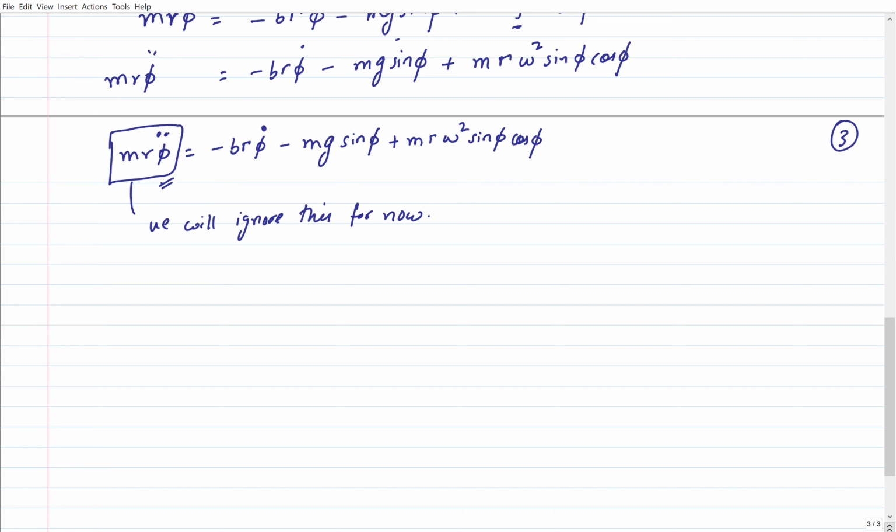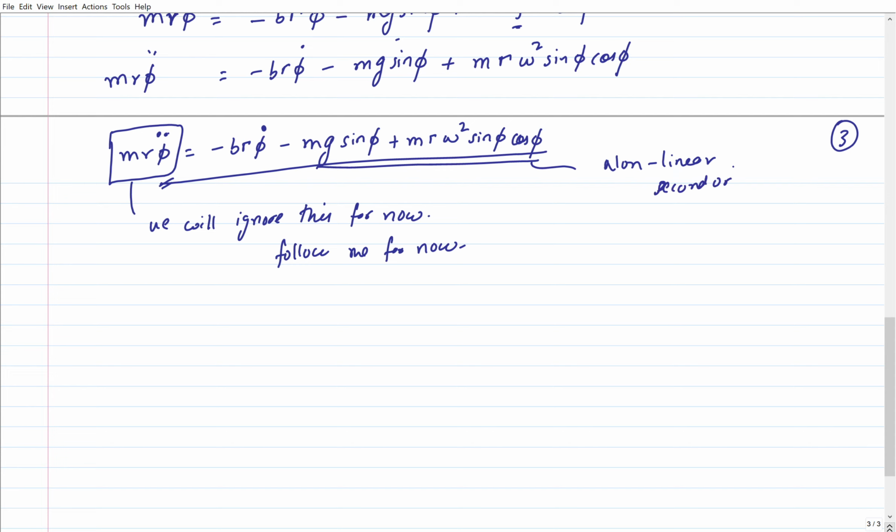We'll justify under what conditions we can neglect this, but just follow me for now. The reason why we are doing this is that this was a nonlinear second order system, and I want to remove the double derivative. I will be making some physical arguments about when we can neglect this, but just follow me.